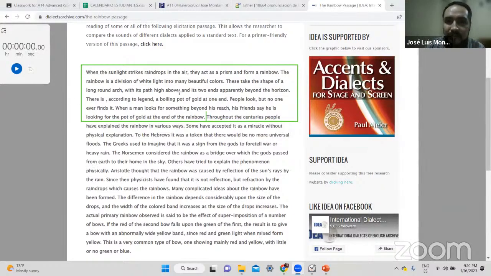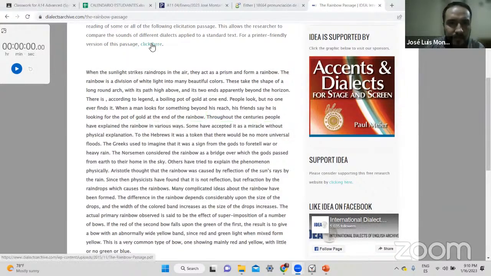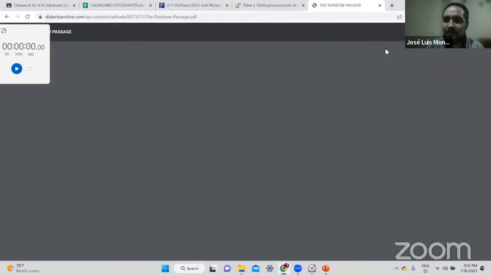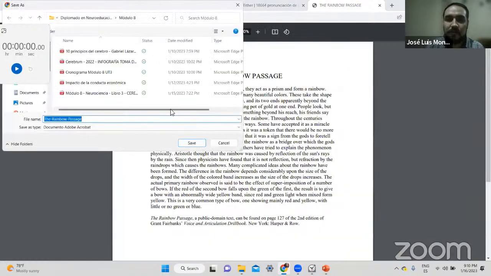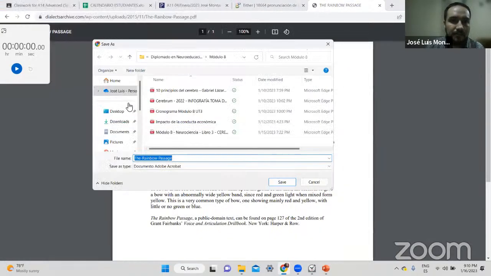Now, I believe that it is here, so I'm also going to add it because they were only letting you add one, but I found it, okay, now with you. So this is the rainbow passage. I'm also going to add it just in case.